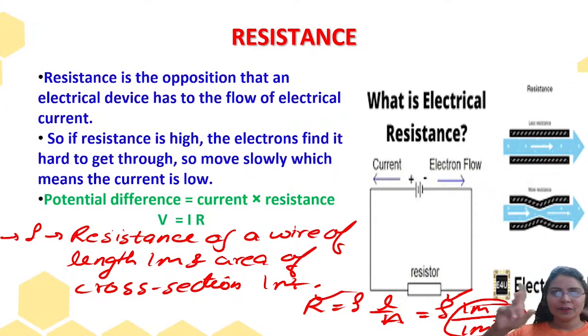So they are different from each other, yet they are the same. The resistance of a wire of 1 meter length and 1 meter square area of cross section is its resistivity. It is a property of a material, whereas resistance is a phenomenon of opposition to the flow of current. Okay, so this is all guys.